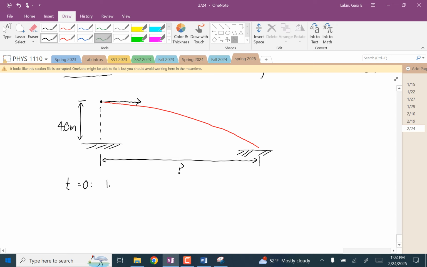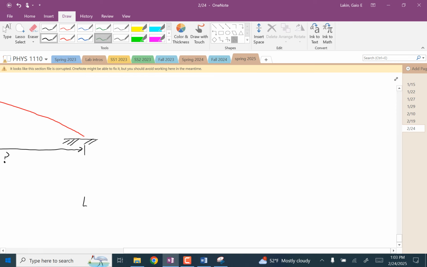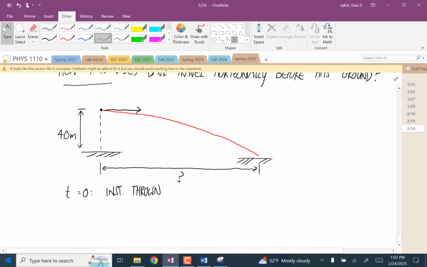Yep, so that's the instant that it's thrown. And when are we going to turn the stopwatch off to look at the time? Before it hits the ground. Sorry, the instant before that. Yeah, right. And we're going to call that, getting ahead of myself, position equals 0. But right, this is just the instant just before it hits the ground.